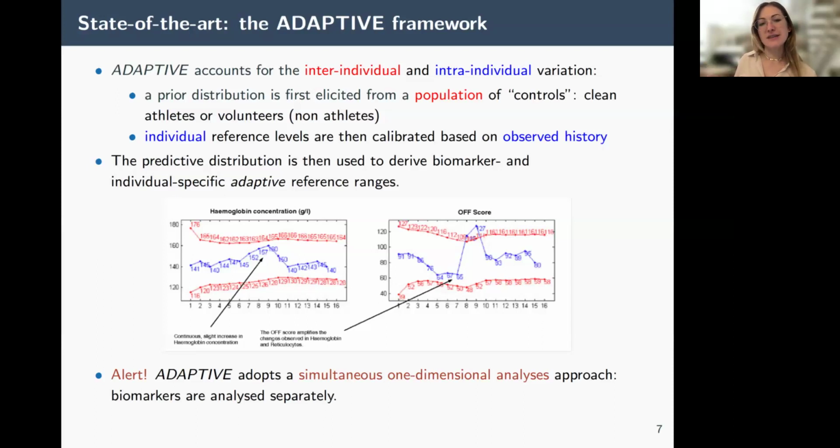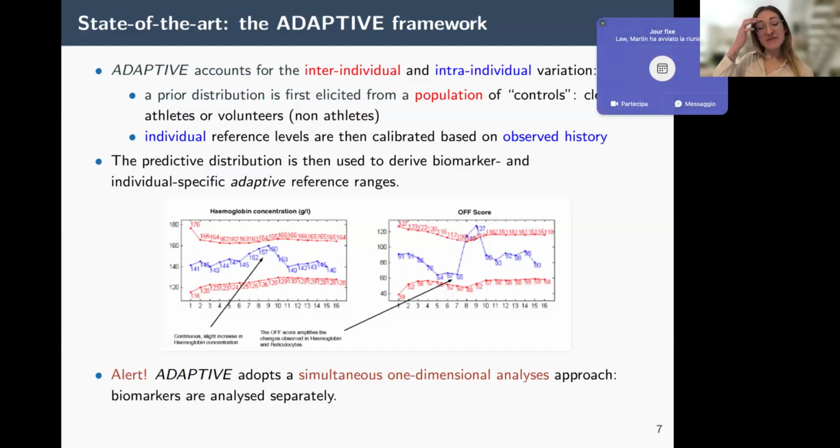So if one is suspected to have taken any doping substance, then the OFF score is going to reveal it more intensely. So how much does having the hemoglobin separately add to the information you get? I don't know, but this is something I should ask the specialists from the World Anti-Doping Agency, because this is their practice.